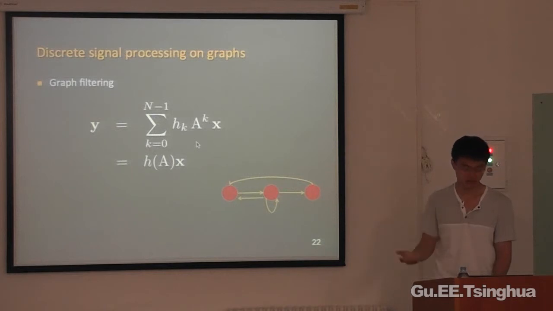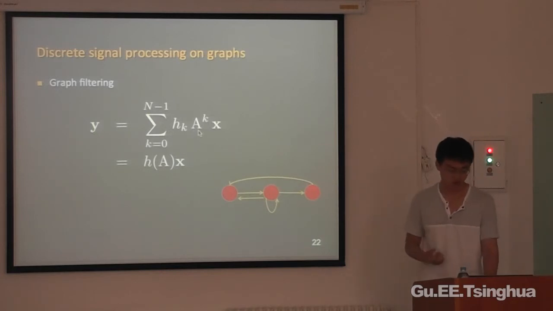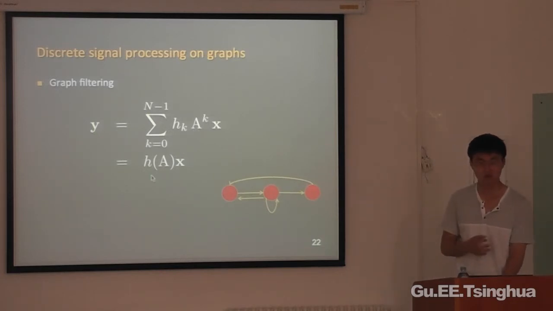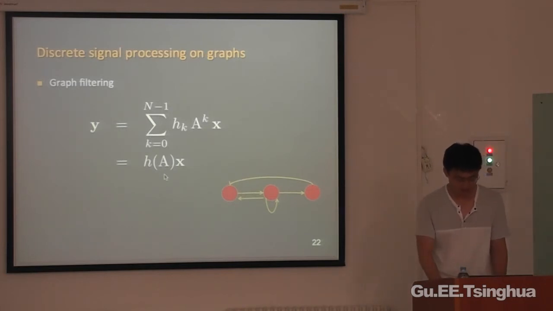Then it's a normal filter. But since the graph shift we plug in here is more general, we call it a graph filter. But it's still a natural generalization because it's still a polynomial of the graph shift.